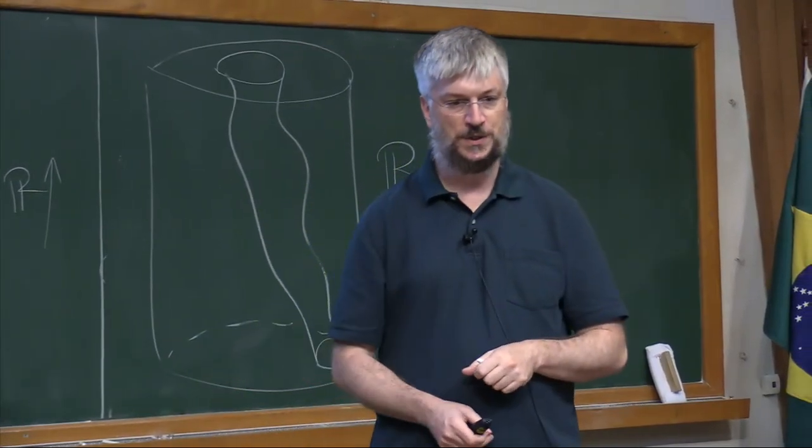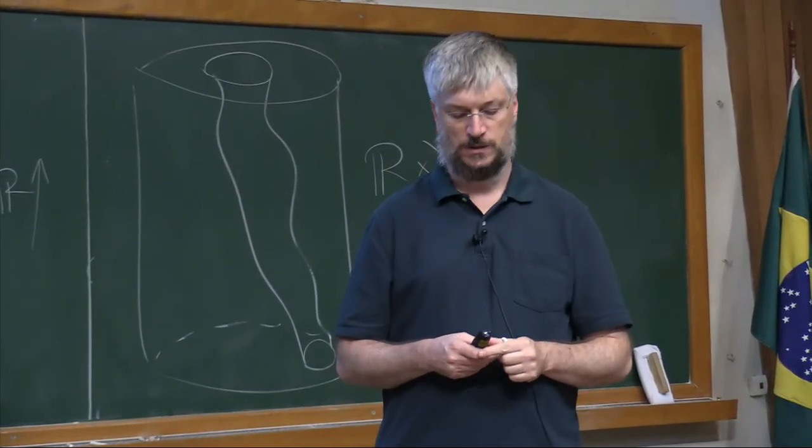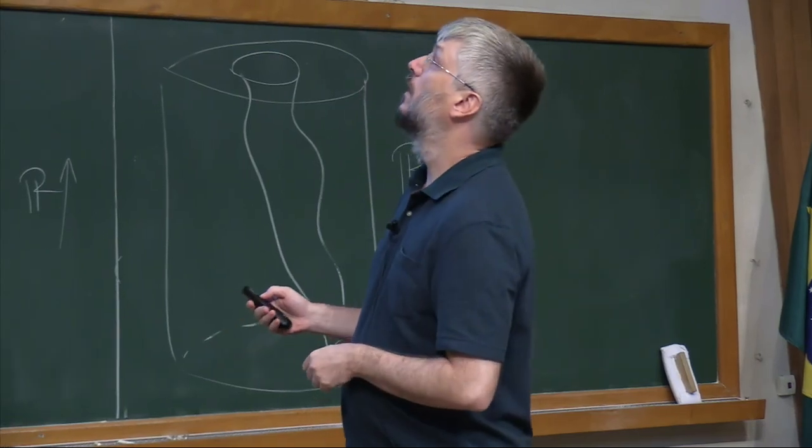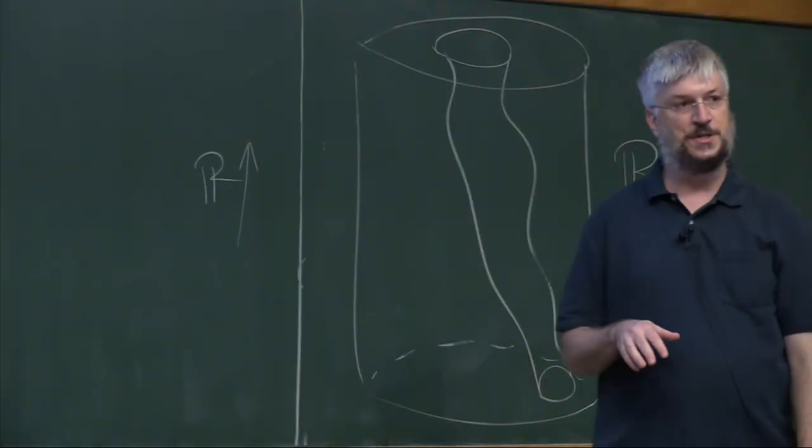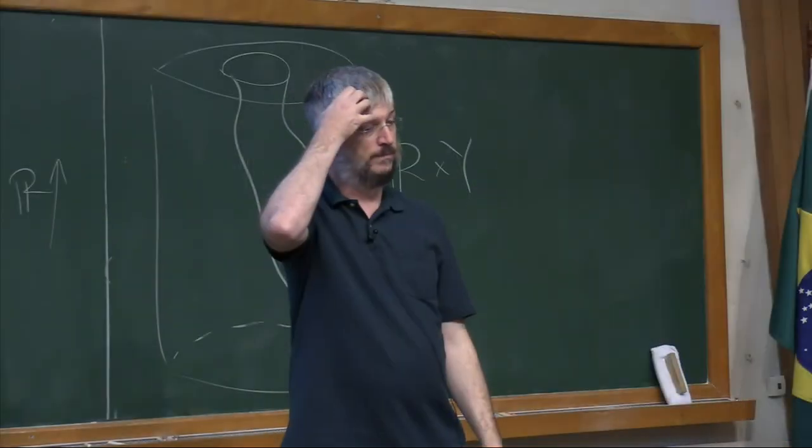So one way is using the action filtration. It turns out that if there's a holomorphic cylinder like this going from one Reeb orbit to another, then the symplectic action of this orbit is bigger than the symplectic action of that Reeb orbit. So this chain complex has a filtration by the symplectic action.